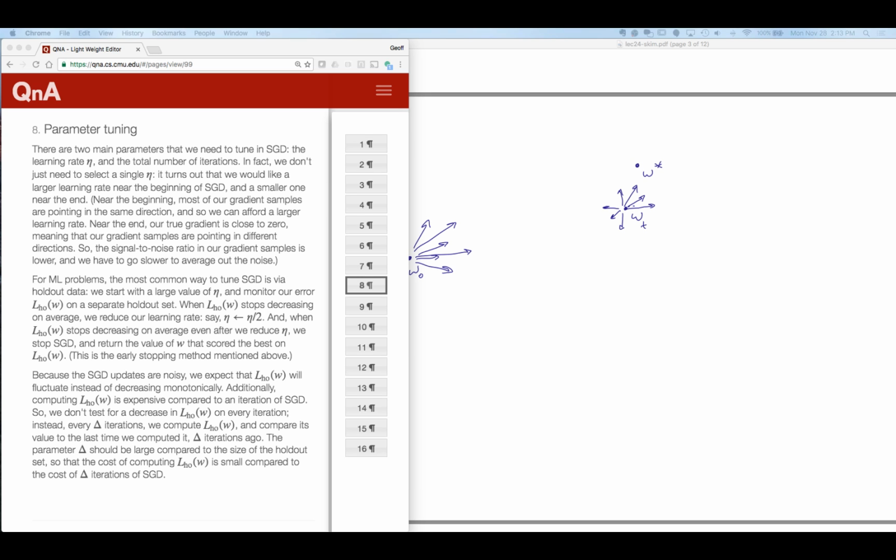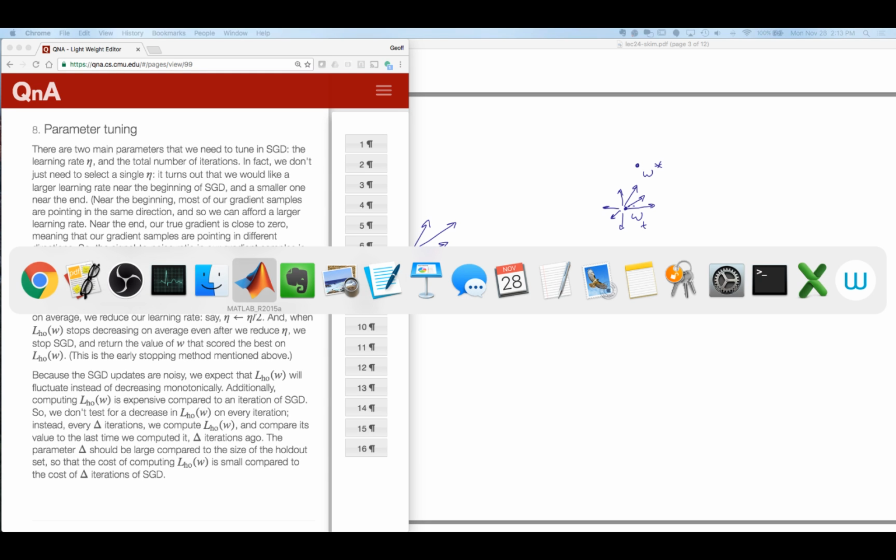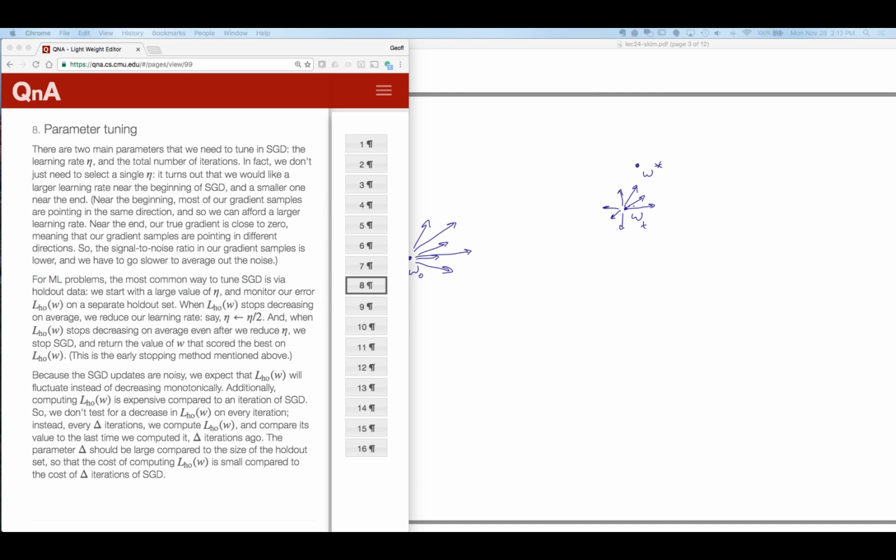So you should be able to go on Piazza and download a zip file that has two files in the zip archive. One is x.csv, the other is y.csv. And so if you unpack them and load them into your favorite language, we're going to be able to play with gradient descent. And I will also go ahead and post some code to get you guys started.